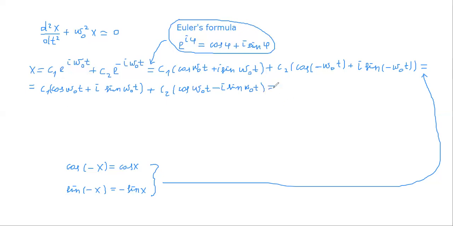And we can rewrite this, we can write this in another way, in this form: C1 plus C2 multiplied by cosine omega 0 t plus I multiplied by C1 minus C2 multiplied by sinus omega 0 t.